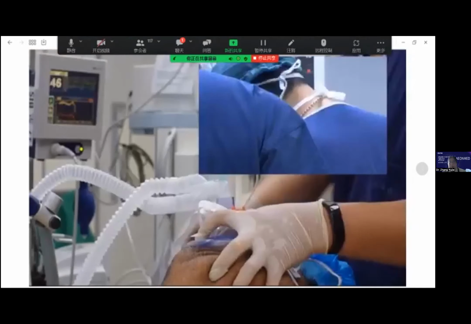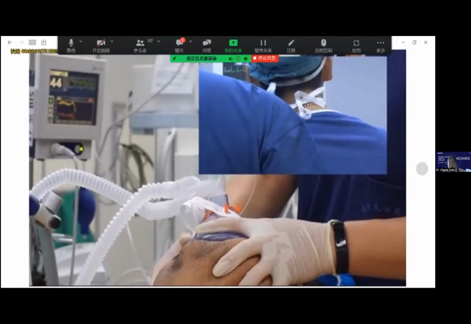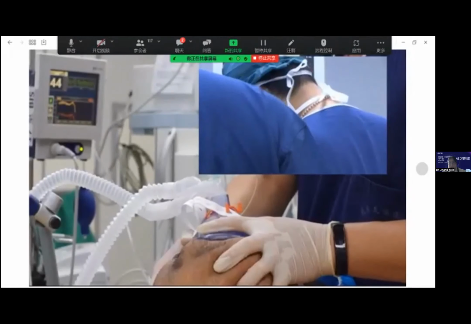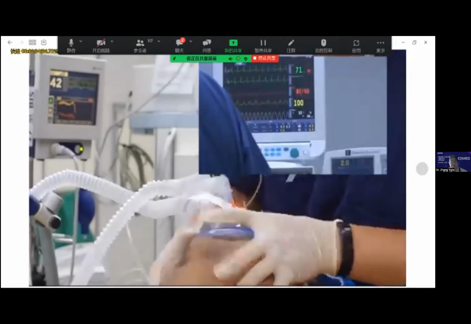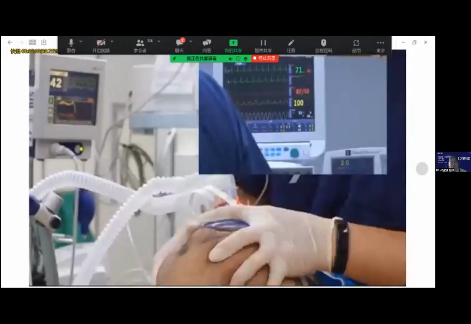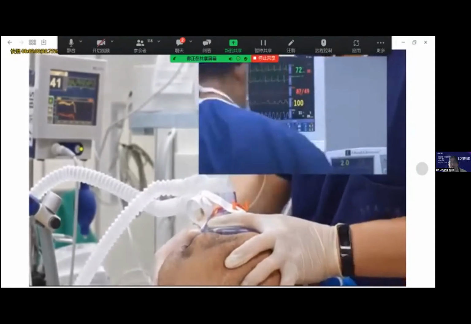We can see the BIS dropped to 46, which might be fit to place the laryngeal mask airway. Here the BIS is already below 40.